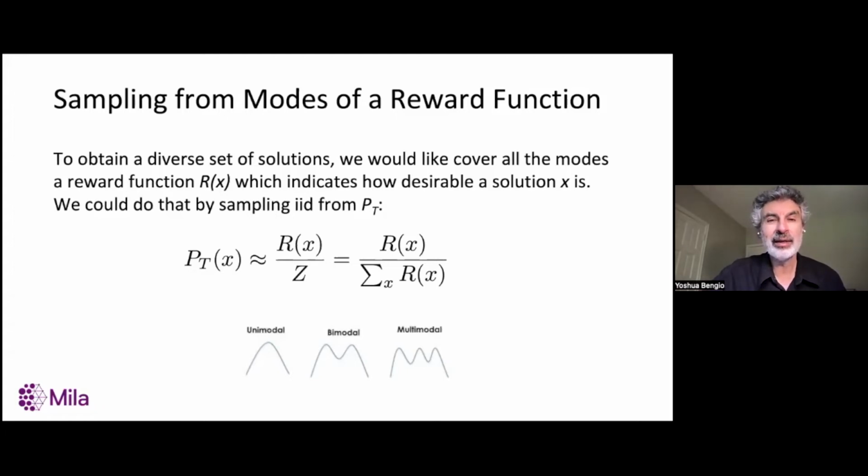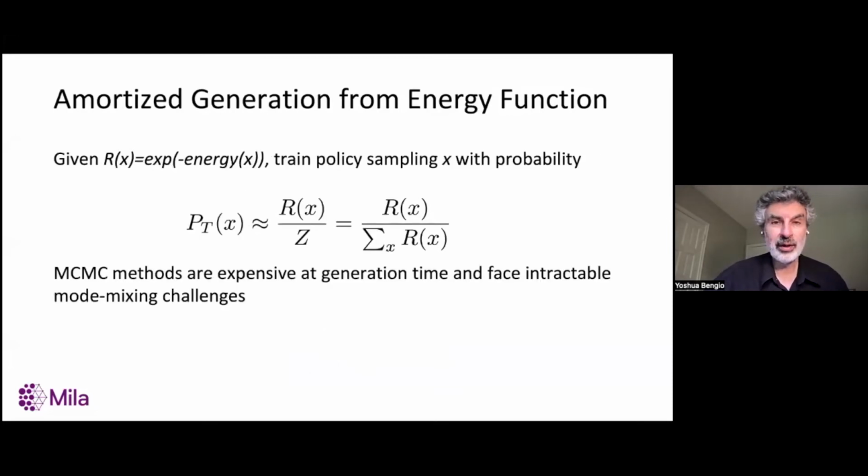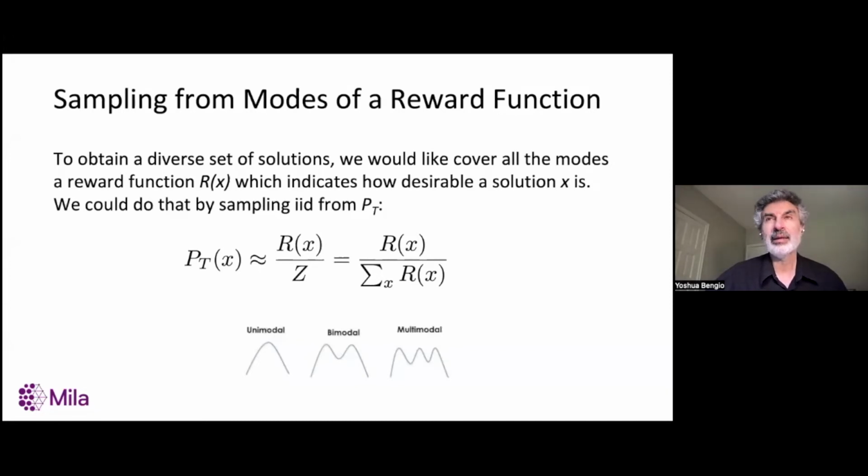It's something that we can characterize mathematically, and in fact, there are a lot of existing methods like Markov chain Monte Carlo, MCMC methods, that do exactly that. You can give them an unnormalized density function or an energy function, which is the same thing. E to the minus energy is the unnormalized density, and then MCMC methods will provide you with a sequence of samples that eventually converge to the right distribution that you're looking for.